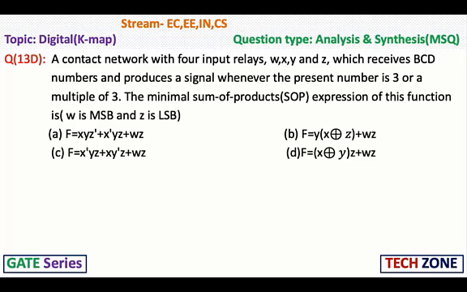Option A, F is equal to X Y Z bar plus X bar Y Z plus WZ. Option B, F is equal to Y into (X XOR Z) plus WZ. Option C, F is equal to X bar Y Z plus X Y bar Z plus WZ. Option D, F is equal to (X XOR Y) into Z plus WZ.